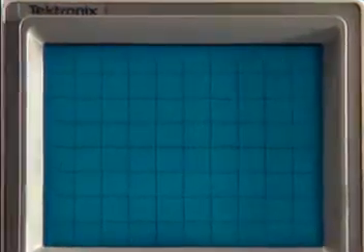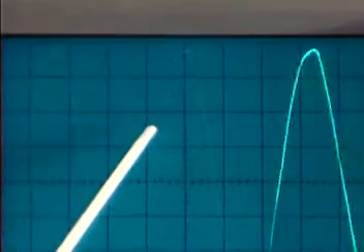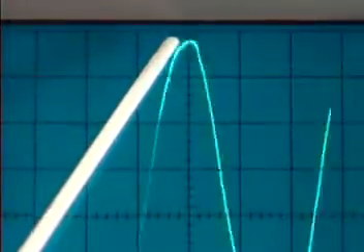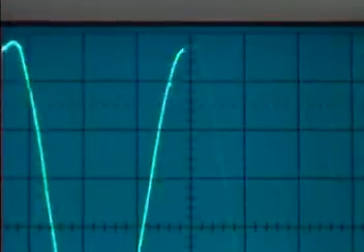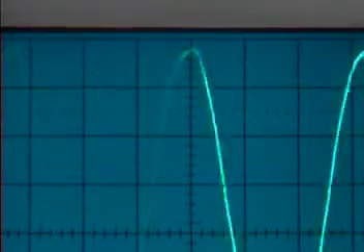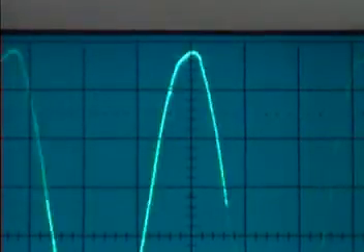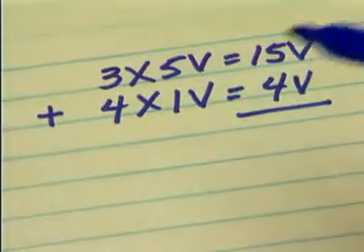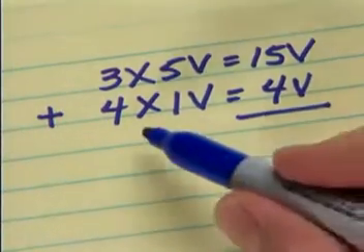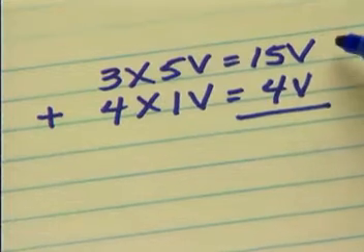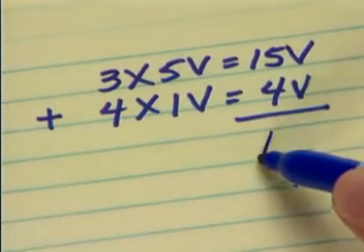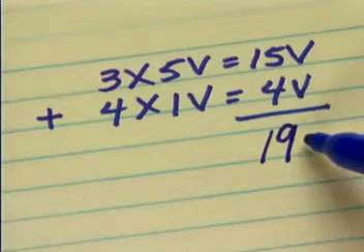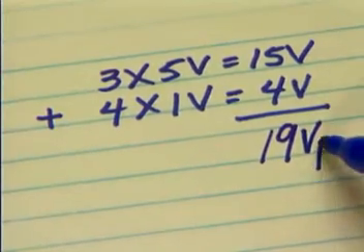The peak voltage in this case is equal to 3 full divisions and 4 minor divisions. Because each full division is set to measure 5 volts, the minor divisions will represent 1 volt each. To find the peak voltage, just add the values of the divisions together. 3 full divisions at 5 volts each is 15, plus 4 divisions of 1 volt each equals a peak voltage of 19 volts.